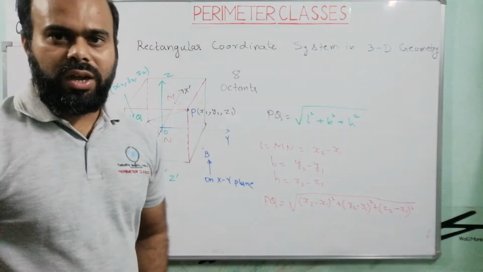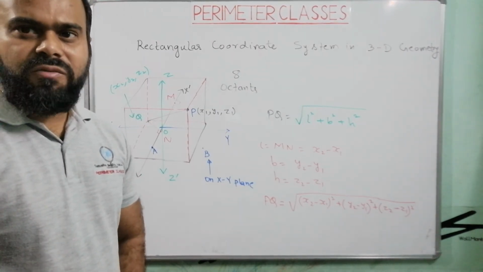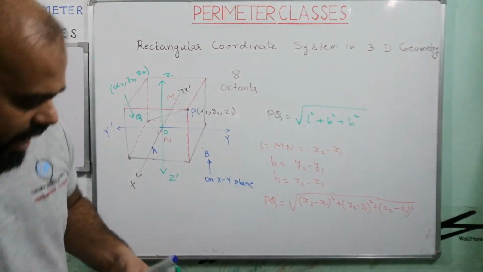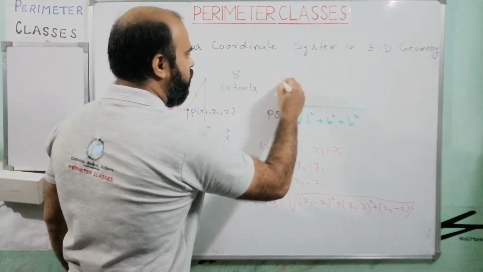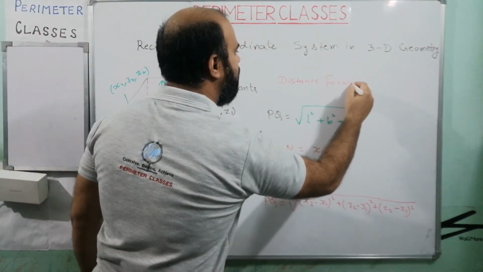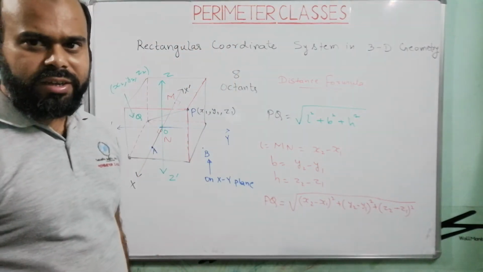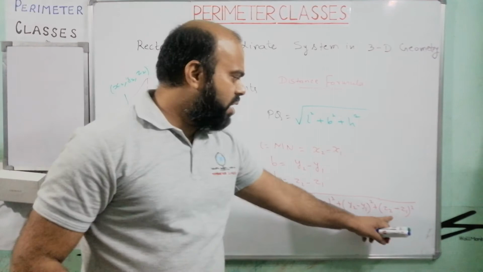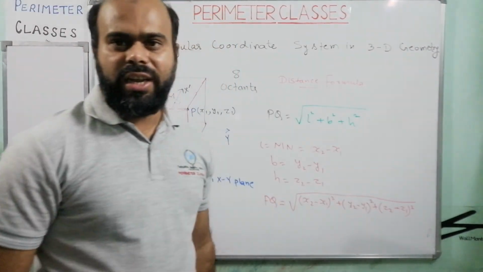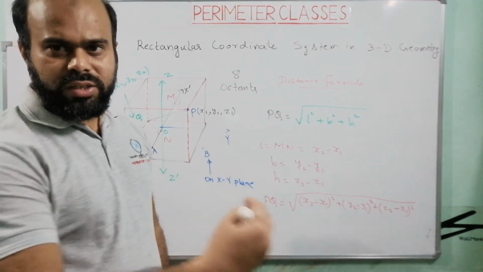So this is the formula of distance between 2 points in space where their coordinates are given to us. This we call the distance formula. If you want to remember this, it is similar to the distance formula in two-dimensional geometry. There we did not have the z2 minus z1 term. We were studying only up to here. Here one more axis has been added, so there is one more term.